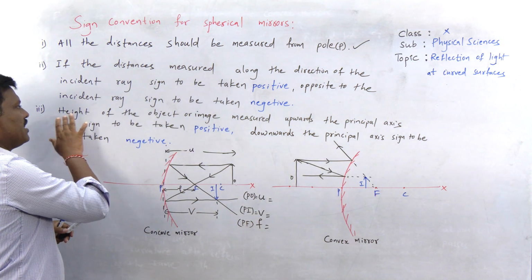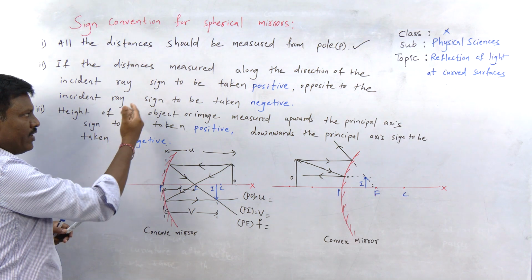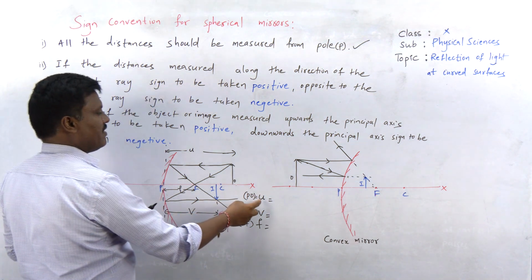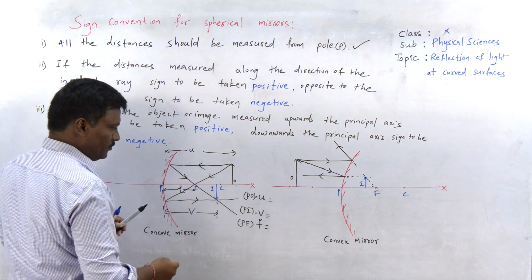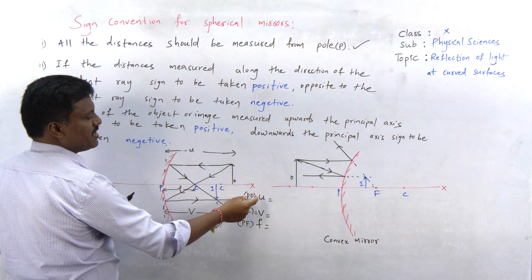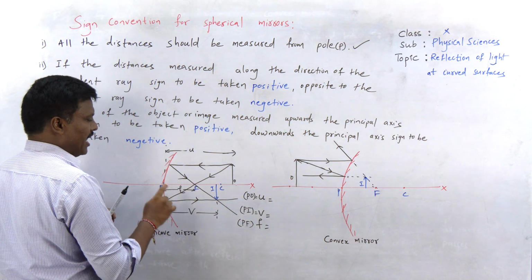And the third important rule is, okay, before going to discuss the third rule, first we are going to understand the second rule. PO, the distance between pole and object, is called object distance. Now I want to measure it.